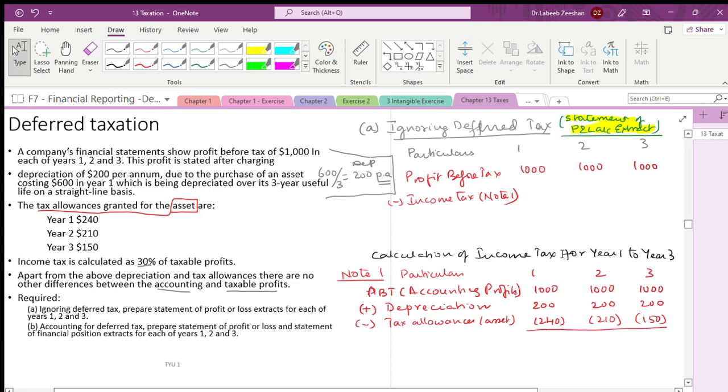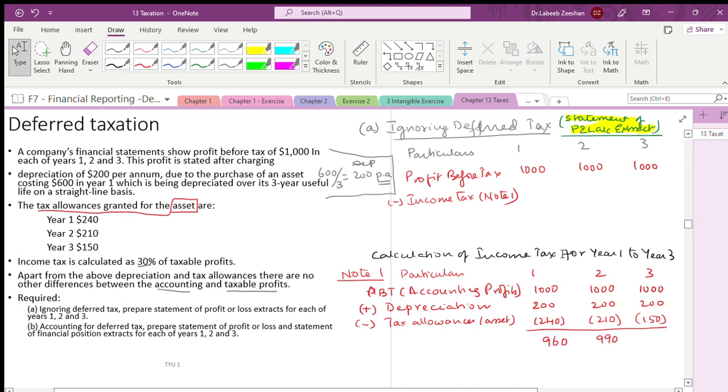1200 minus 240 comes to 960. 1200 minus 210 comes to 990.